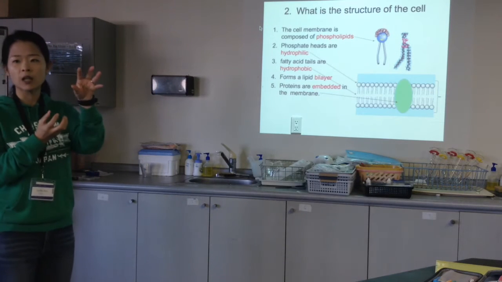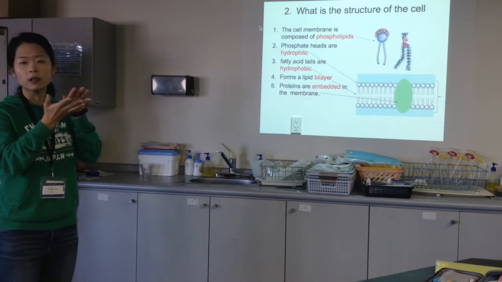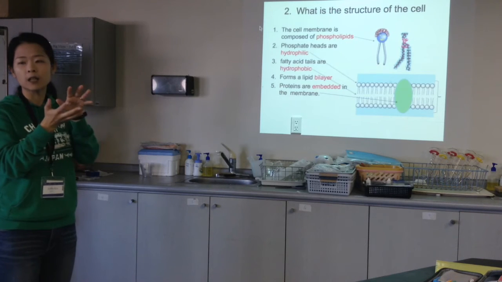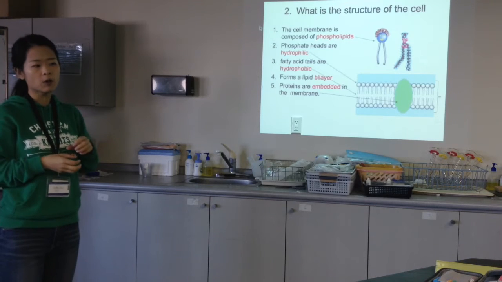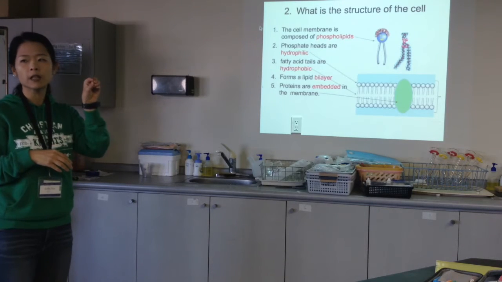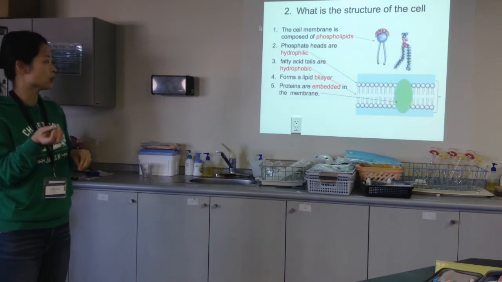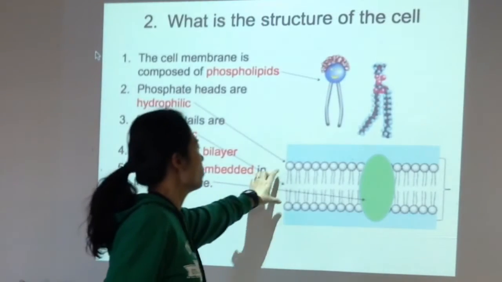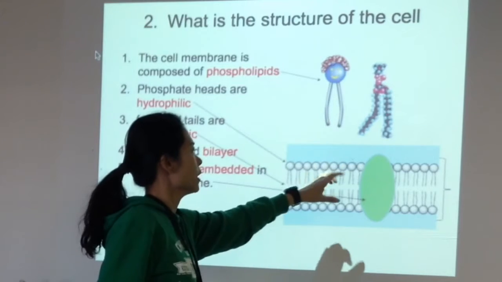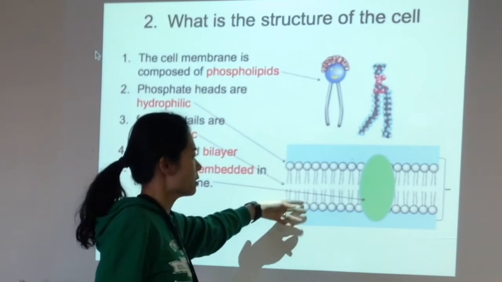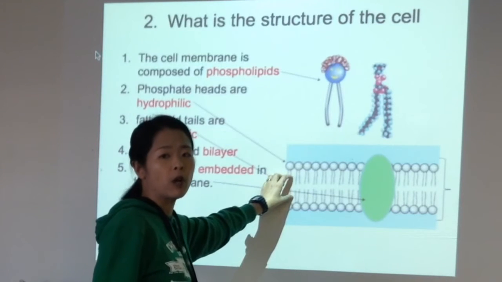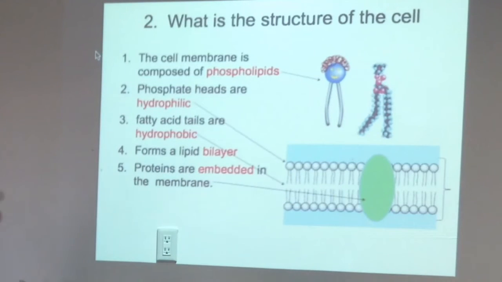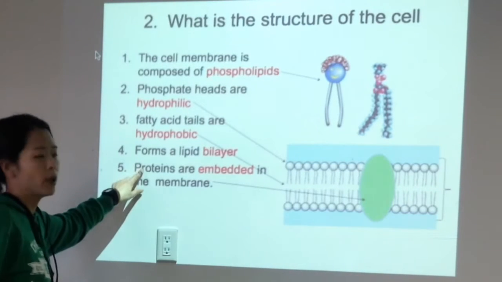So the way they arrange into two layers is a key to how it forms the cell membrane. That chemical nature of having a hydrophilic end and a hydrophobic end helps it arrange into these two layers, where the head ends are facing the water and the tail ends are hiding away from water. Now, it also has lots of proteins.